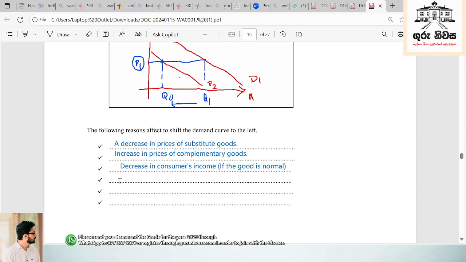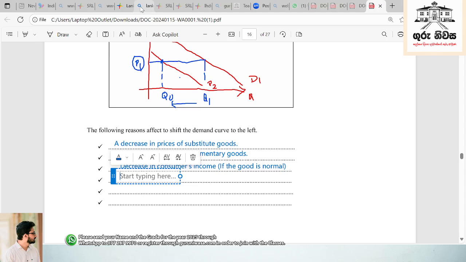What about future price expectation? How should it change to decrease the demand today? If the future price is expected to fall, people will postpone their expenditure today. They will wait until the price falls.